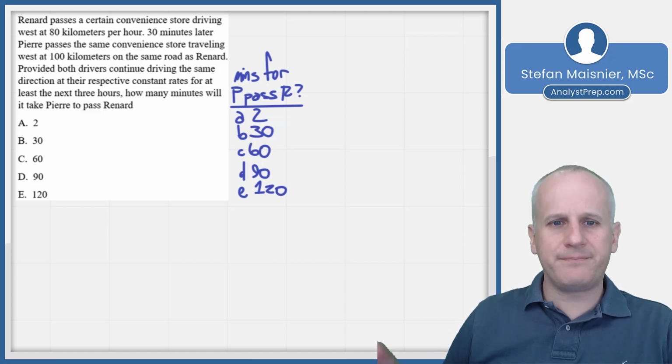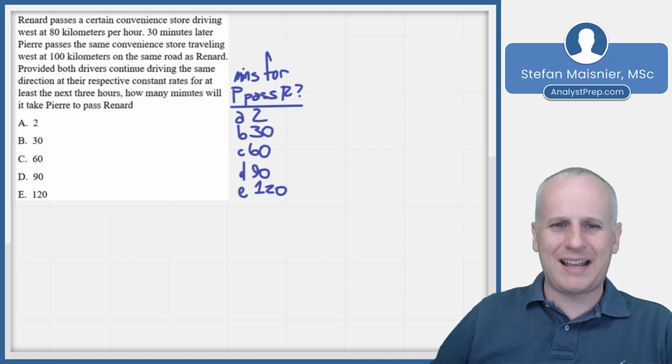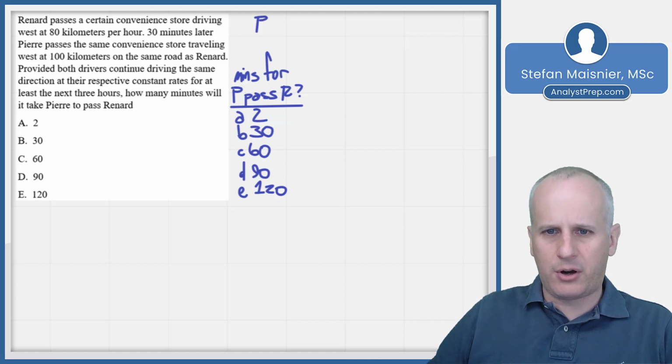So we know that from the beginning, R passes a certain convenience store driving west at 80 miles per hour. So R rate is equal to 80 km per hour.